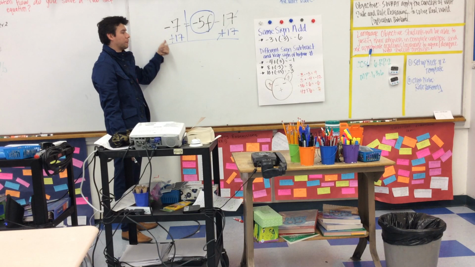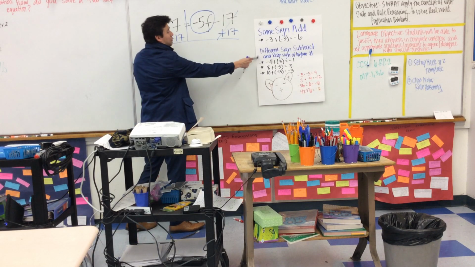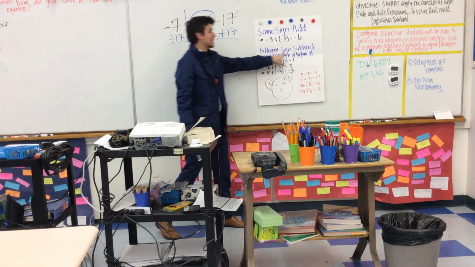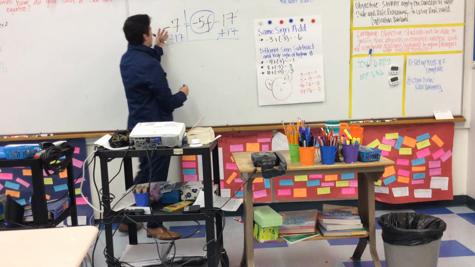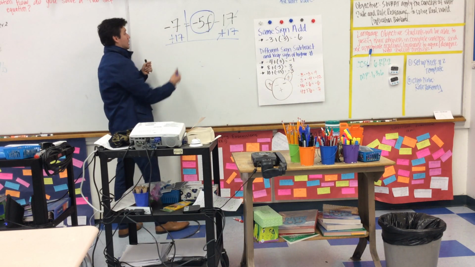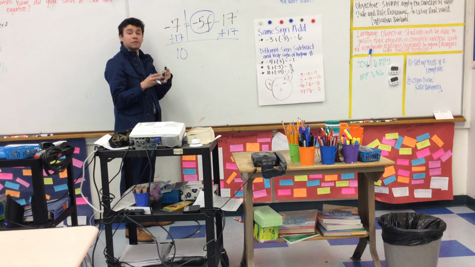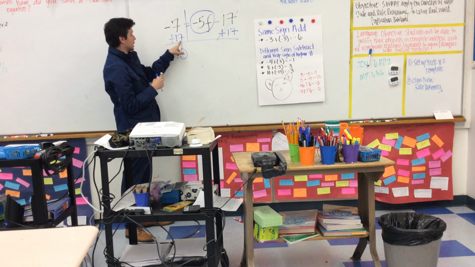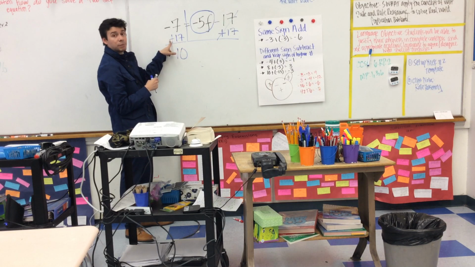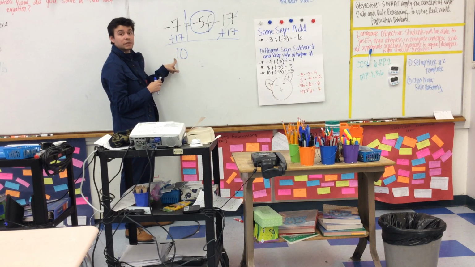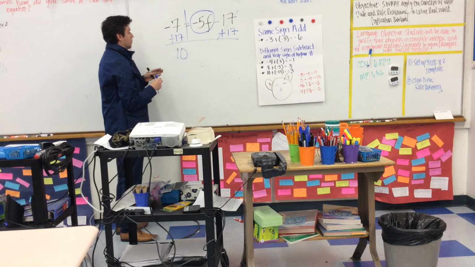Well, that's negative and that's positive. That means you have different signs. And the rule is different signs subtract. So if I subtract these two numbers, I get a 10. But you always want to keep the sign of the bigger number. The bigger number is 17 and its sign is positive. That means the sign of this 10 is positive.